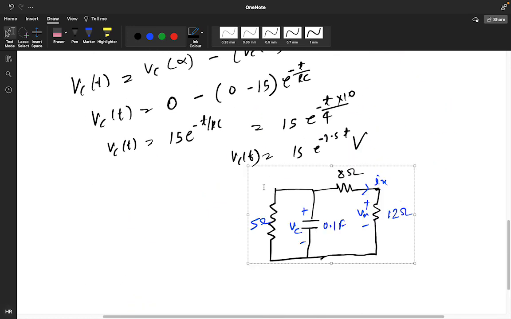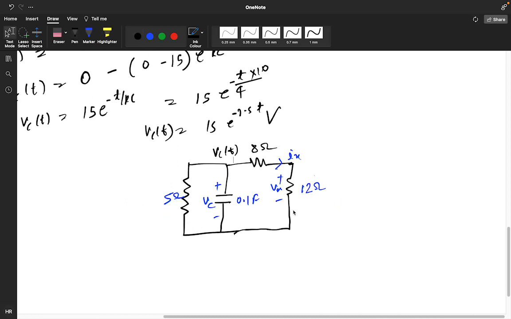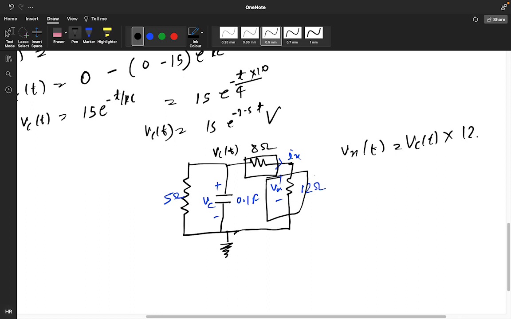So guys, we know the VC of t value with respect to time. Now you need to find the Ix value and Vx value. So apply nodal analysis, take the reference point. This is your VC of t value, and these both are in series connection. To find the Vx of t value, it is VC of t into 12 divided by 20, the voltage divider rule.